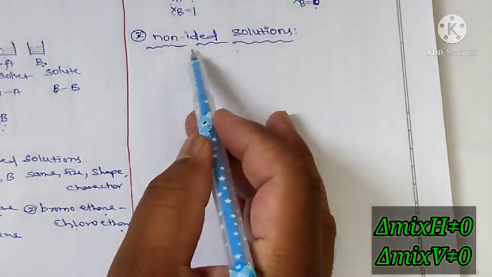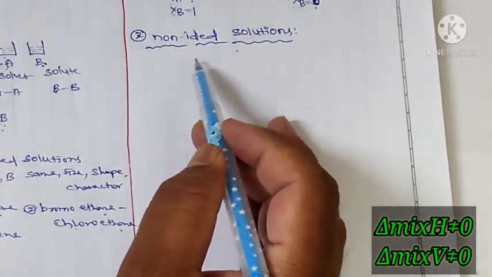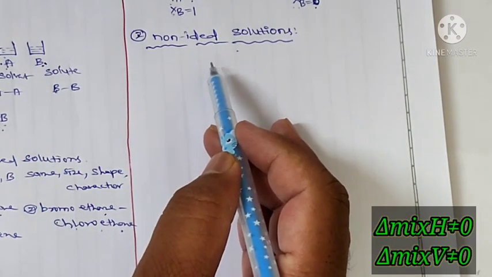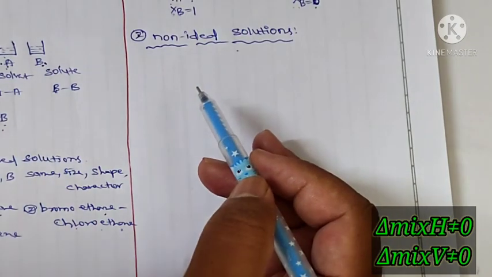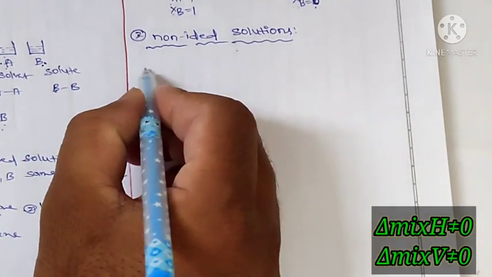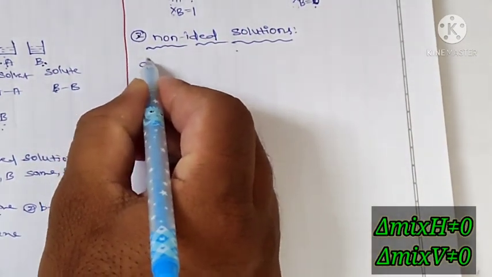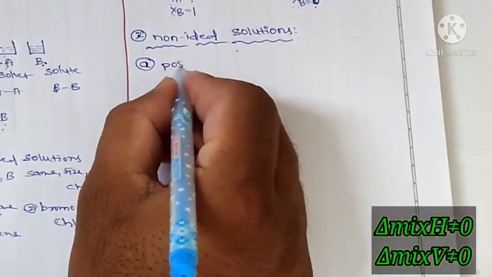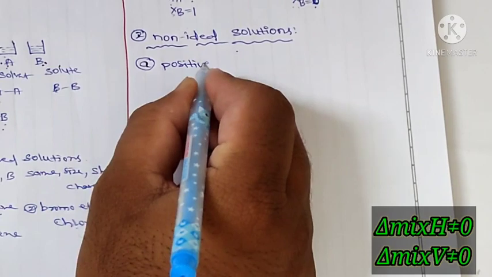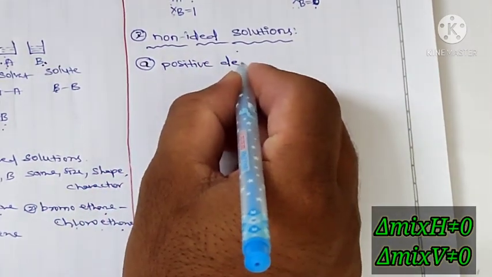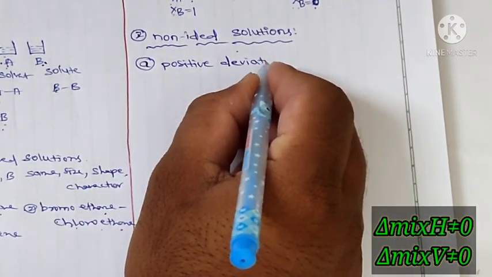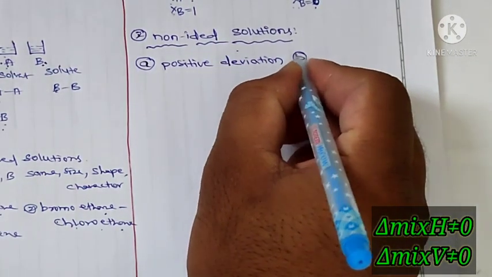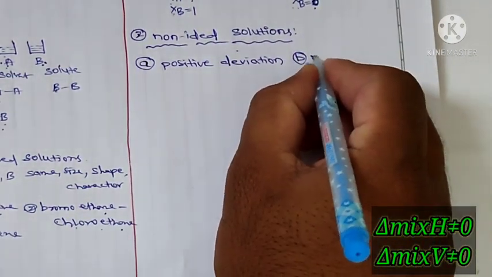And these non-ideal solutions are further classified into two types on the basis of deviation from Raoult's law. Number 1, A, positive deviation. And number 2, B, negative deviation.